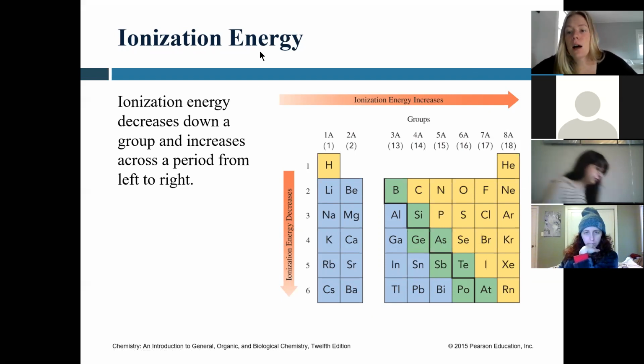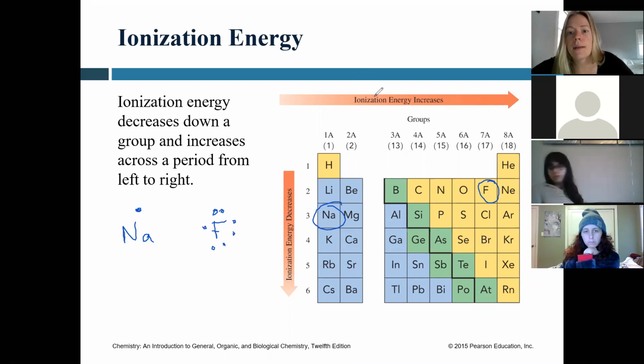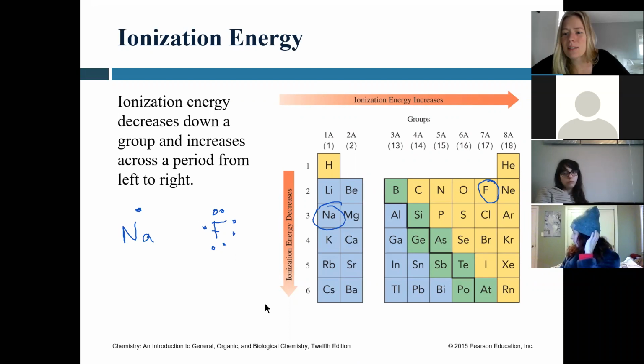Let me draw the structure. Sodium's dot structure looks like this. Fluorine's dot structure looks like this. This is why bonding happens, and we'll get into this more: everything wants to form a full outer valence shell.